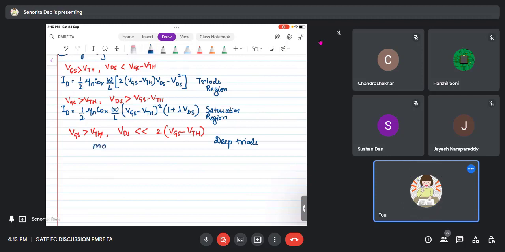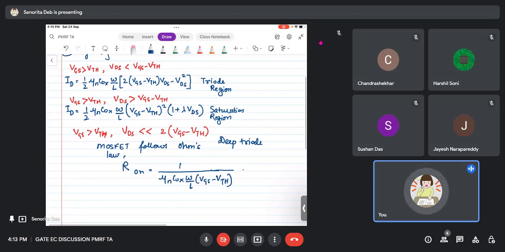So in deep triode, what we say? That MOSFET follows Ohm's law or behaves as a resistor. And the resistance is given by R on equals 1 upon mu n COX W by L, VGS minus VTH.